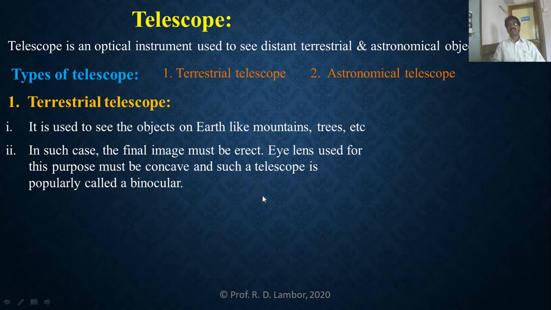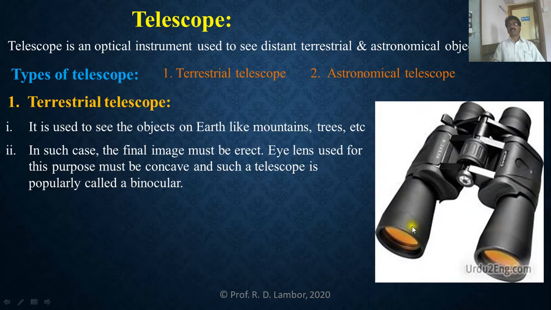You can see the diagram of binocular. See here, this is the photograph of the binocular, in which objective is here and eye lens is here. And here, in order to produce erect image, eye lens must be used concave.